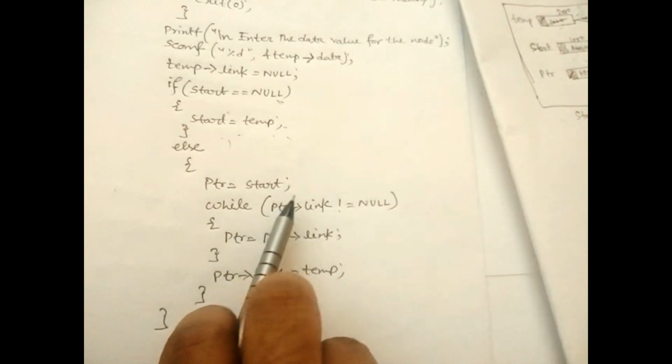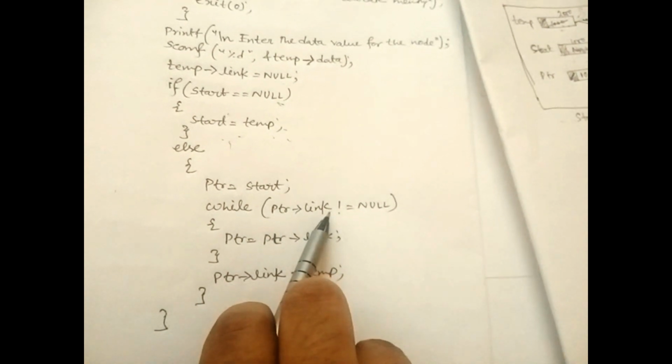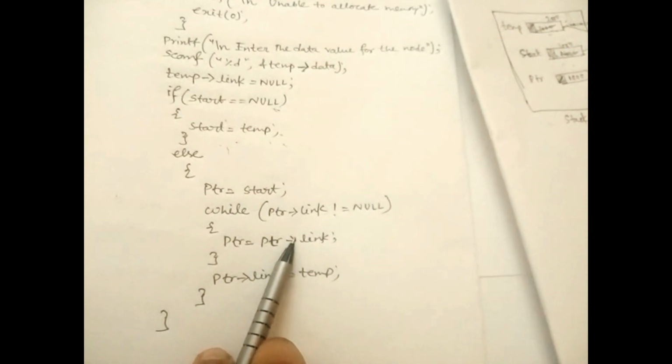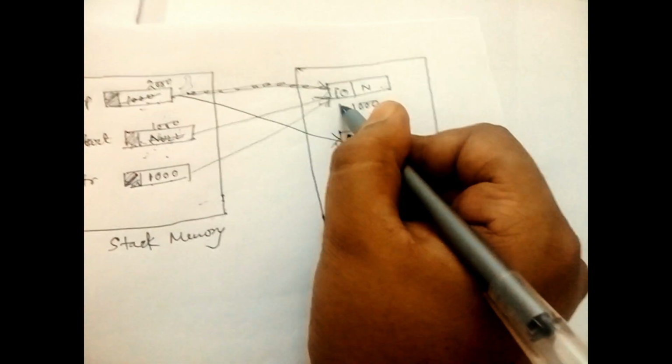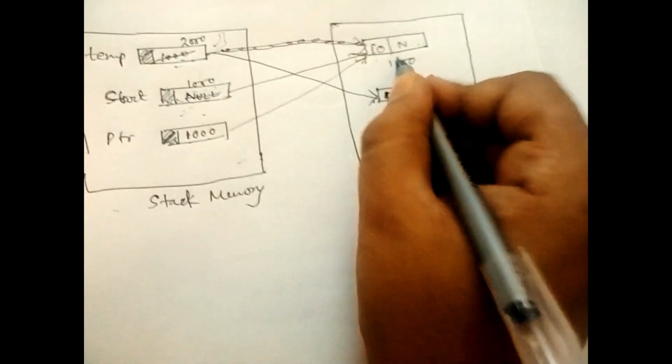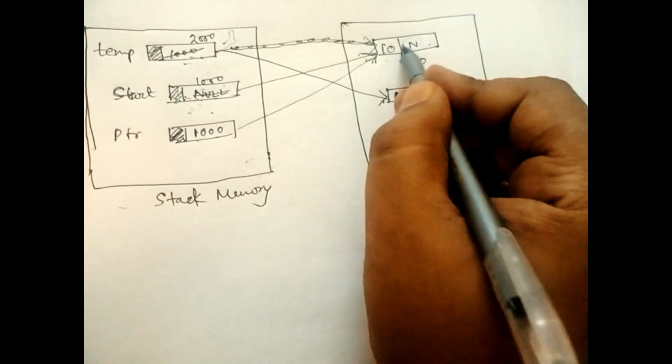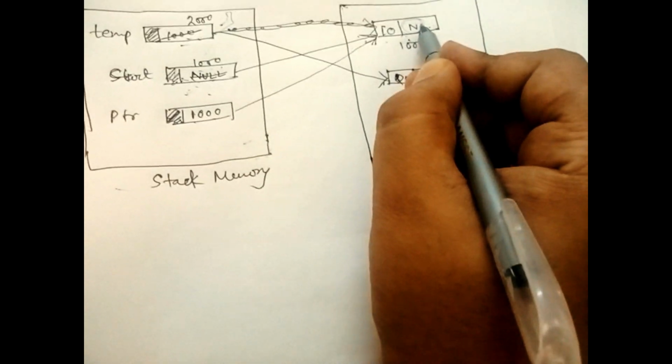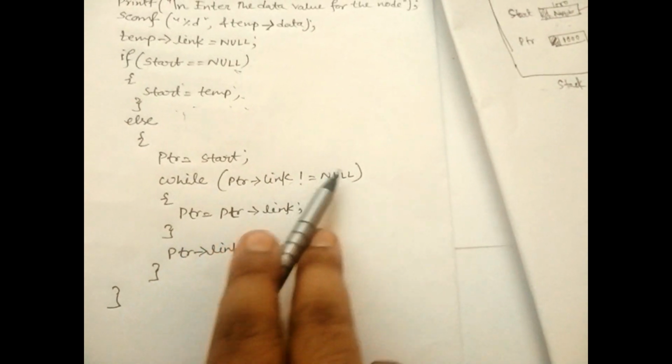ptr arrow link not equal to null. Check. But the condition is not satisfied. Why? Because ptr is 1000. That means ptr points to this memory. Clear? And the link part is null. So the condition is not satisfied, because in the while it is ptr arrow link not equal to null.